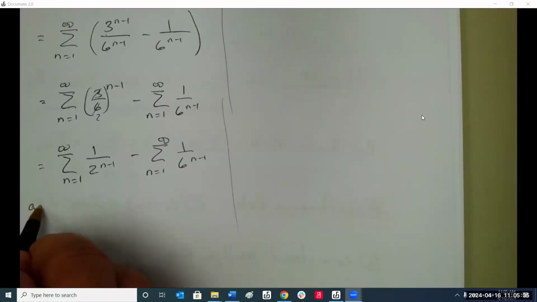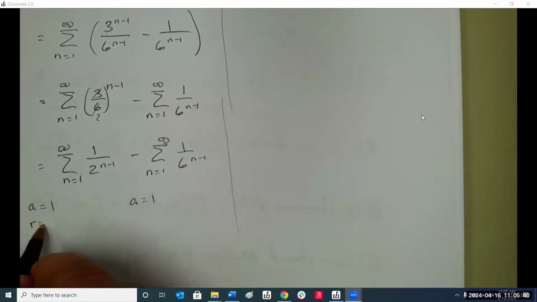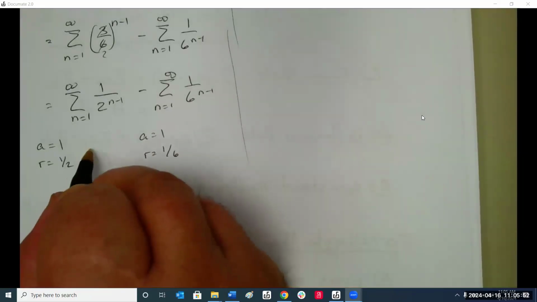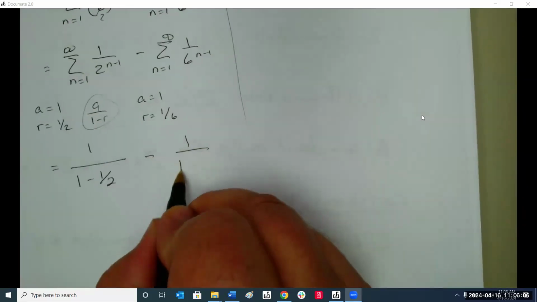So A is equal to 1. A is equal to 1. R is equal to 1/2. R is equal to 1/6. So we could do A over 1 minus R. 1 over 1 minus 1/2 minus 1 over 1 minus 1/6.